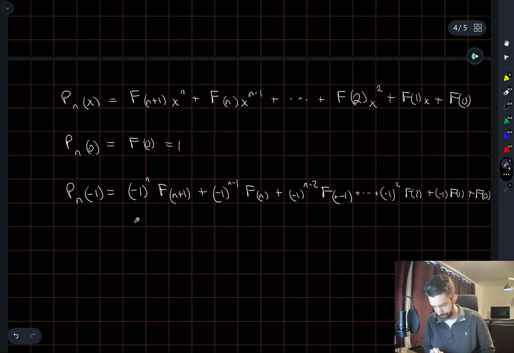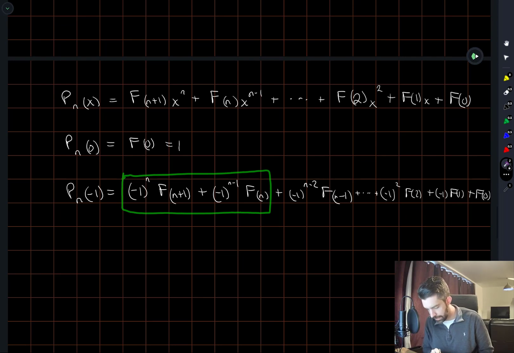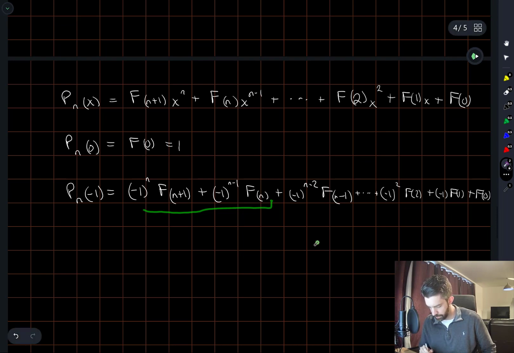If n is even, this is always positive. Right? This is simply the difference between the two, and fn plus 1 is bigger than fn. So this is always positive.